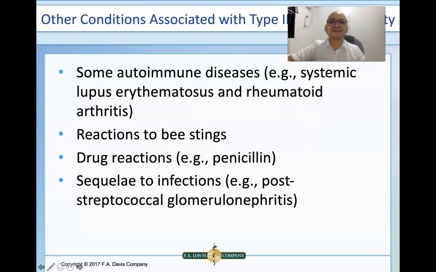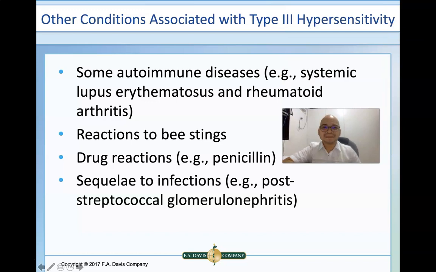So other conditions associated with type 3 hypersensitivity reactions: autoimmune disease, SLE, which we will have a separate discussion of later on, reaction to bee stings, drug reactions, and sequelae to infection. Let's say, for example, post-streptococcal glomerulonephritis. After you have been infected with streptococcus, glomerulonephritis is a possibility because immune complex is deposited at the basement membrane of the kidneys.